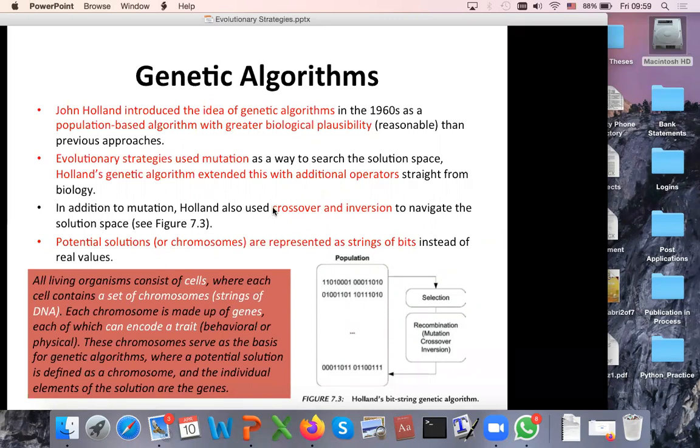One we have already seen, not understood, but at least we have got the name of that operation, and that is mutation. The other additions of John Holland are crossover and inversion. We will see these three operators, mutation, crossover, and inversion, in detail in the next slide.